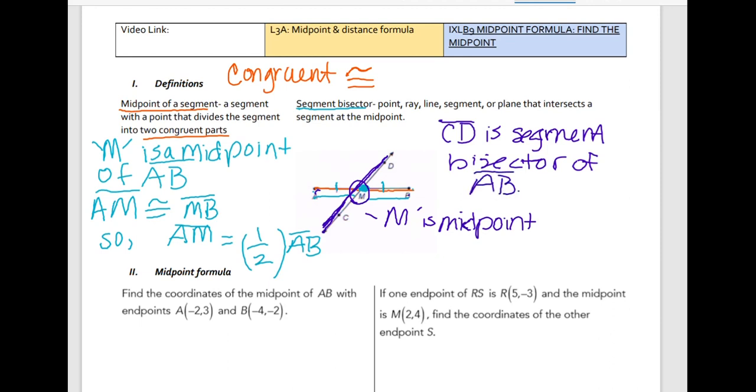So I want to bring your attention again. Point M is a midpoint, but it also bisects. So it's going to bisect AB, but it's still M. So M is a midpoint, but it's also the point of bisect.